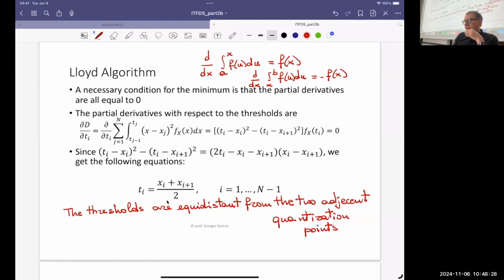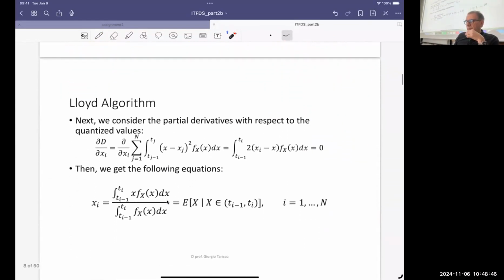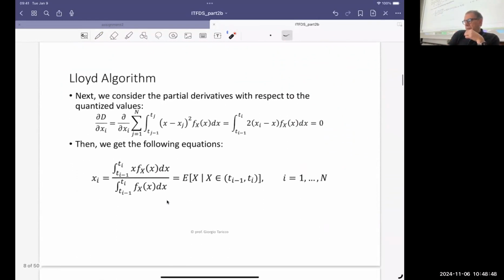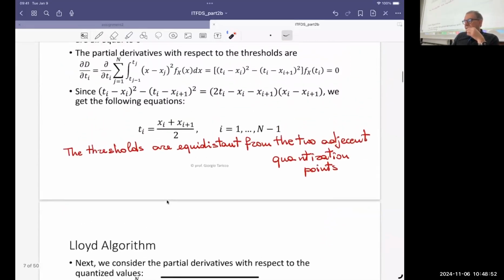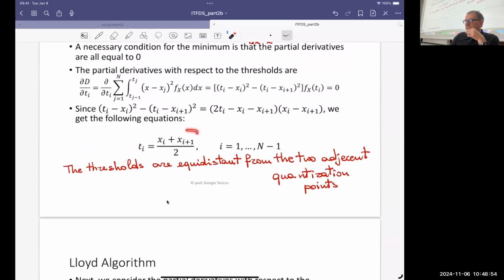In the one-dimensional case, we can see that the thresholds are equidistant from the adjacent quantization points, and therefore they are in the middle of the segment that joins two quantization points. So we have an equation for the thresholds that requires the knowledge of the quantization points, but we don't know the quantization points.